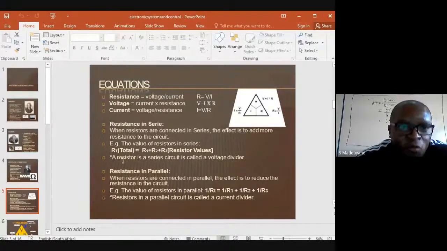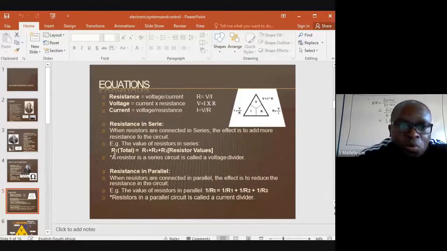Then example, the value of resistors in series. So this is the formula that we use for calculating resistors in series. So resistance in series, we say RT. T is for total. So we say resistance total. So when you do the calculation, you just say RT. You don't say RT bracket total. I'm just showing you that T is for the total.